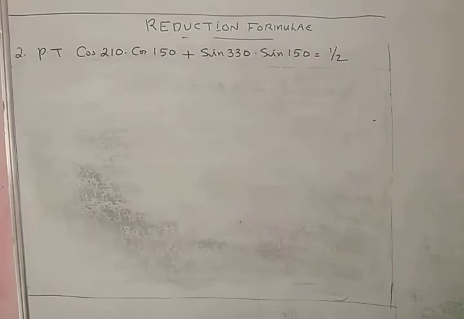Second problem, prove that cos 210 into cos 150 plus sin 330 into sin 150 is equal to 1 by 2.